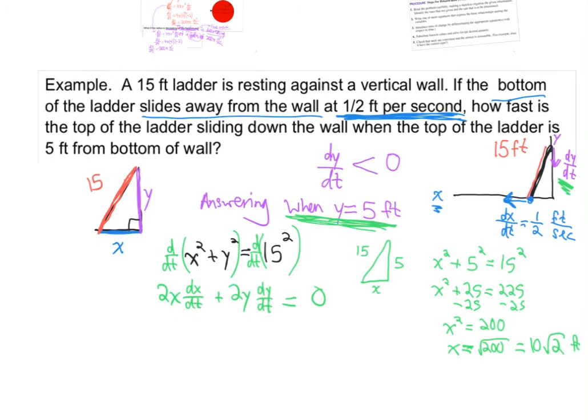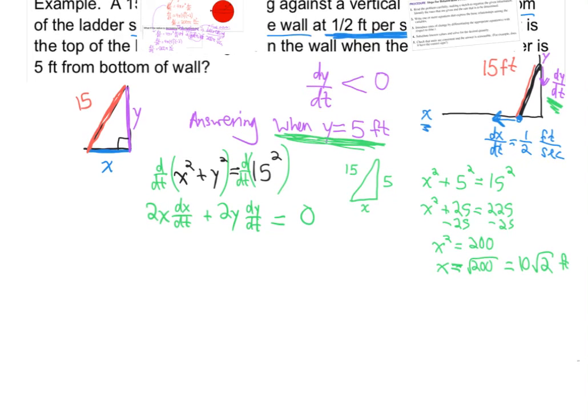Let's give ourselves a little more room. Okay. All right, so we have 2 times 10 root 2 times dx/dt, which is 1/2, plus 2 times y, which we said was 5 feet, times dy/dt, which is the thing we don't know, and that all equals 0.